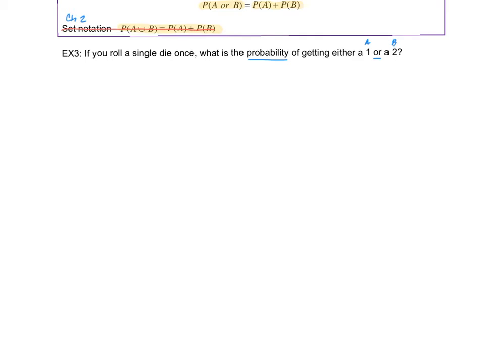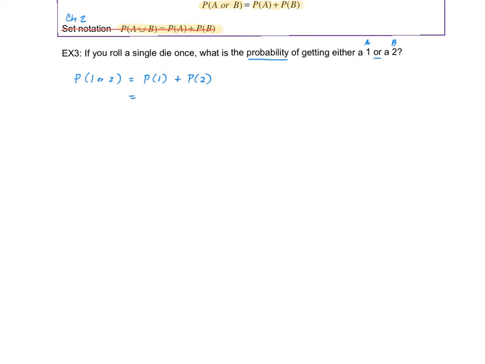So I am going to use the probability notation and write the probability of having a 1 or 2 when you roll a single die once. That's equal to the probability of rolling a 1 plus the probability of rolling a 2. And these are mutually exclusive because there's no way you can roll a die once and get both a 1 and a 2. So since they're mutually exclusive, I'm going to use this formula.